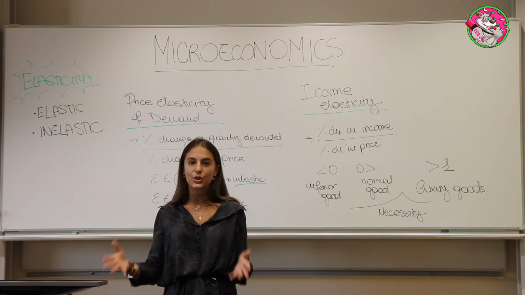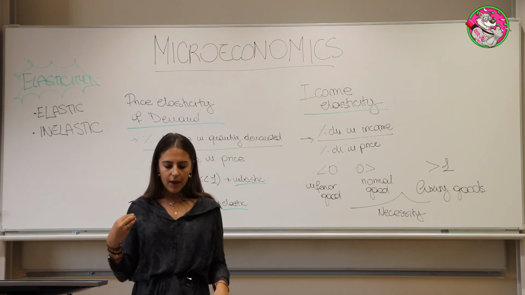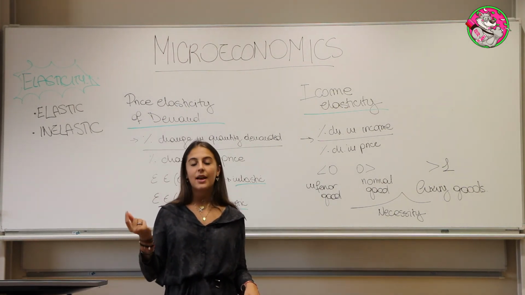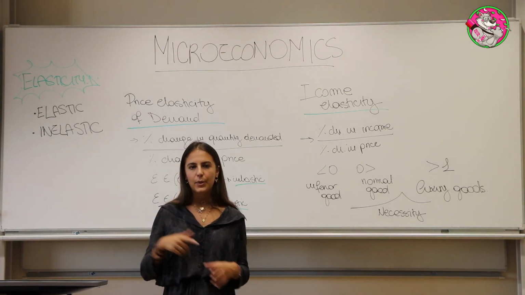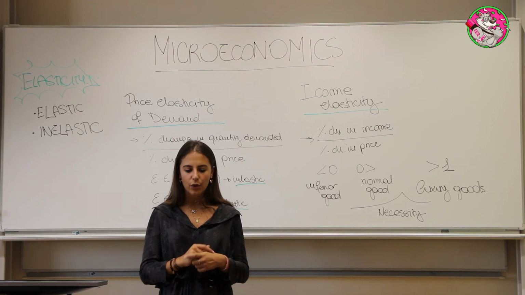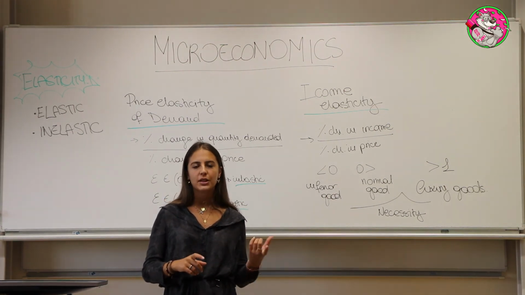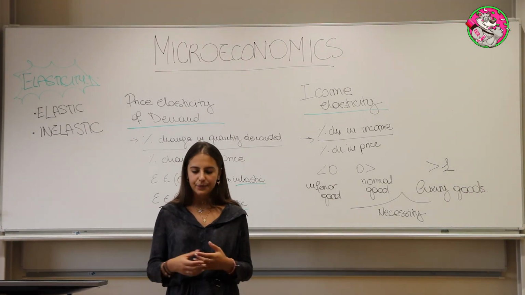We will always go for water, even if the price rises. Demand tends to be more elastic when there are substitutes for a product. For example, if the price of one soda goes up, then we can opt for another soda of another brand.